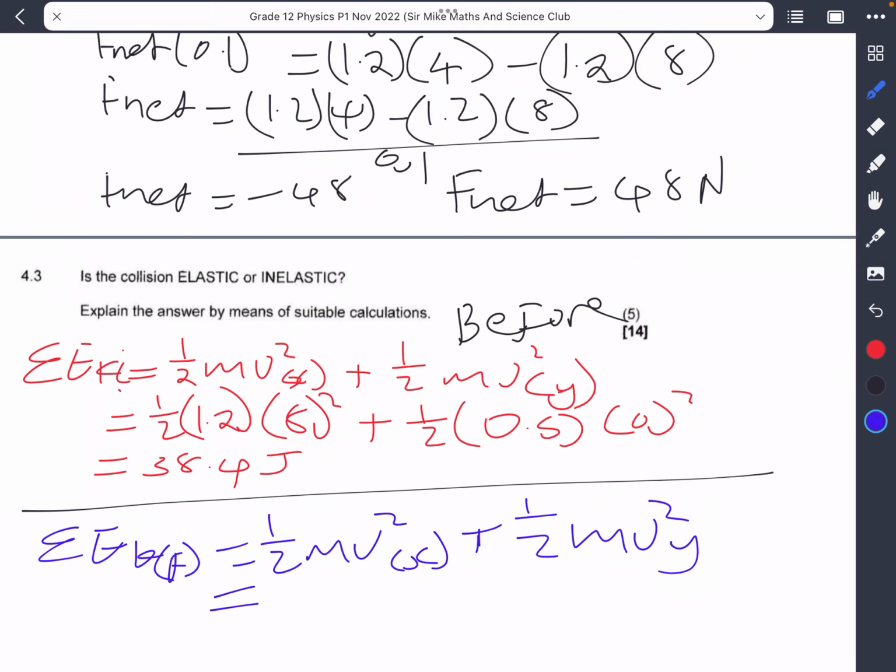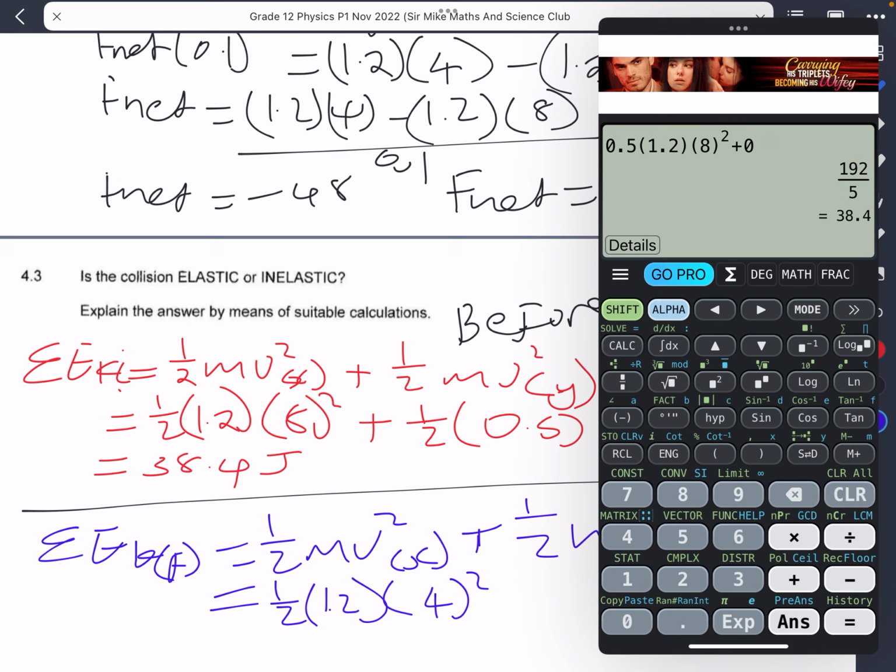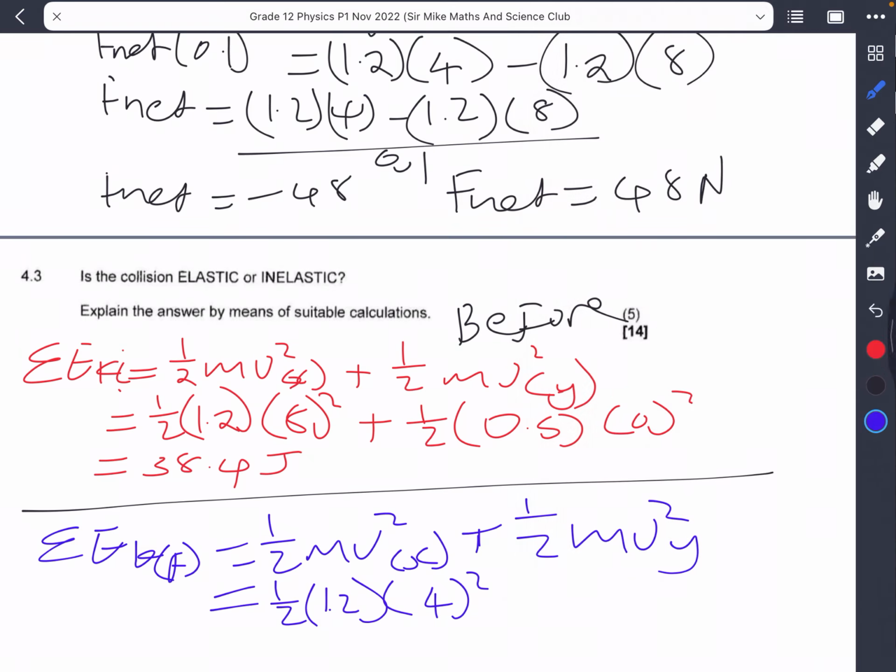So this will simply be a half, the mass that was 1.2, multiplied by its velocity, which was actually 4, and we square that, plus a half. The mass would be 0.5.